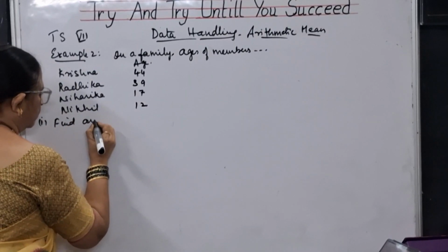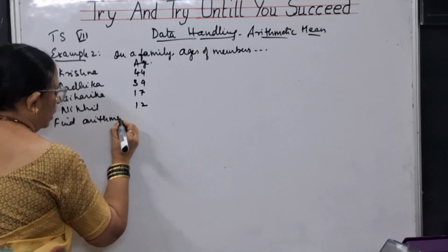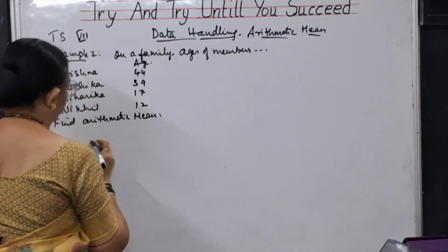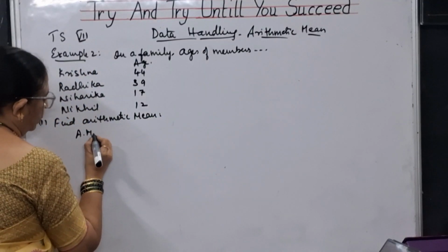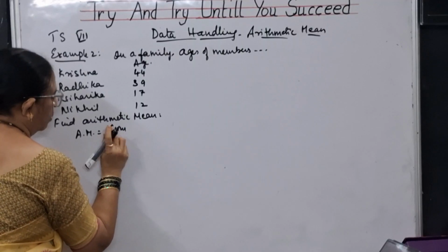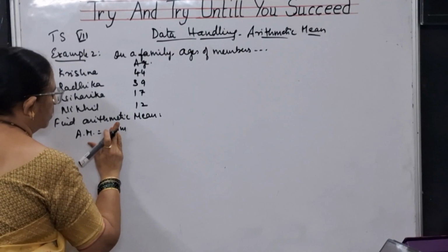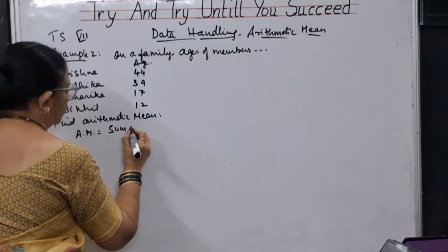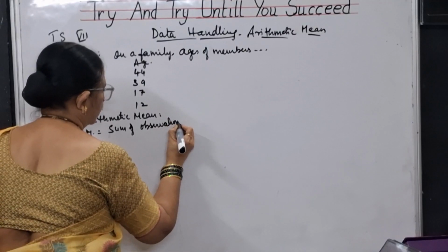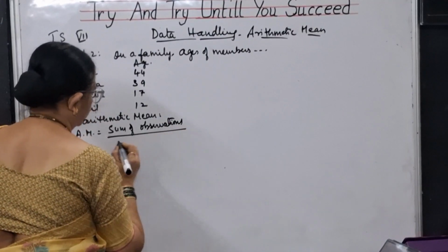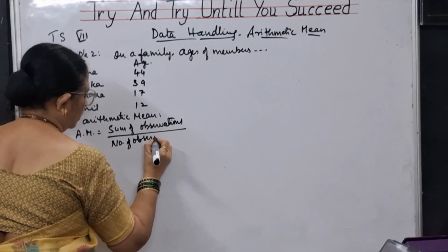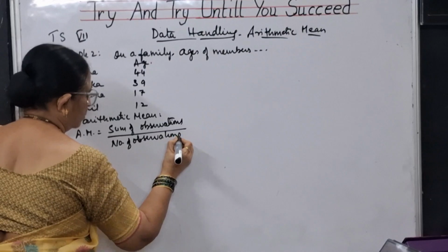So first one is find the arithmetic mean. What is the arithmetic mean? It is also called AM. It is nothing but the sum of observations by the number of observations.